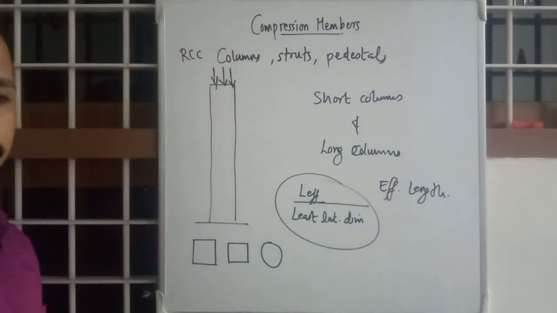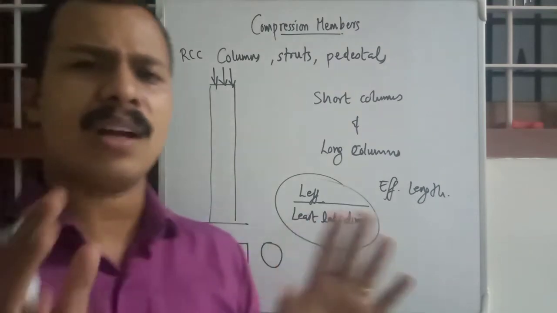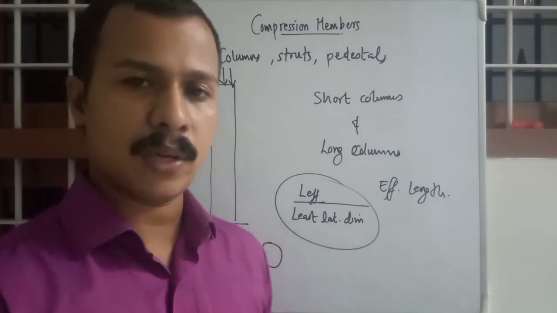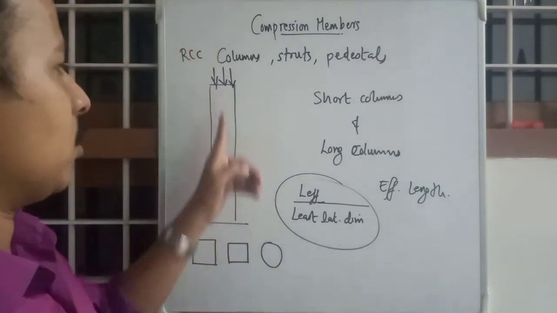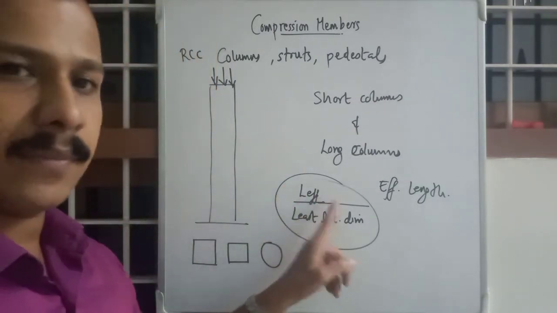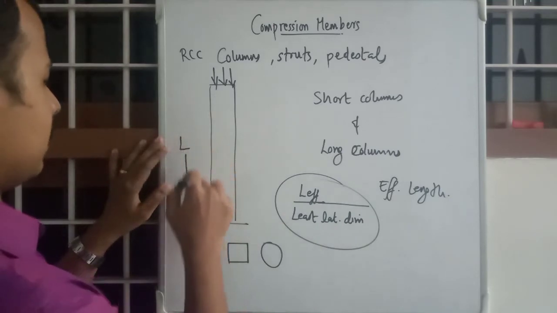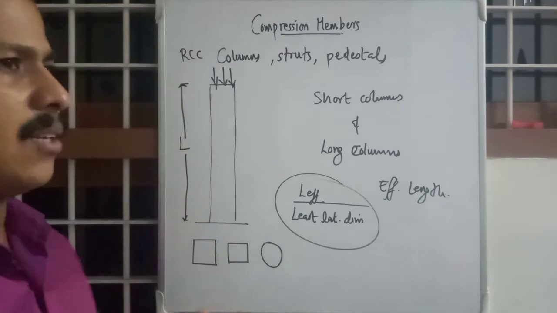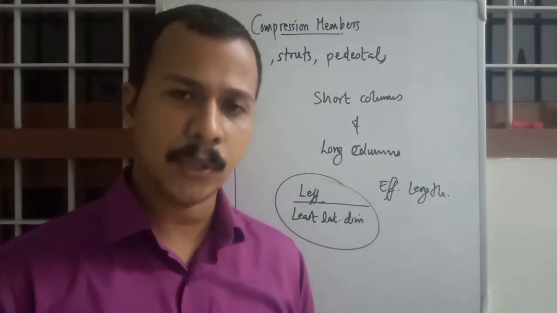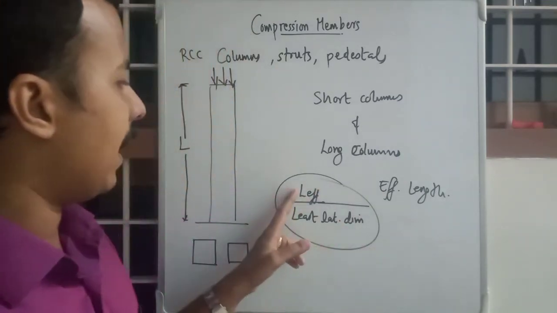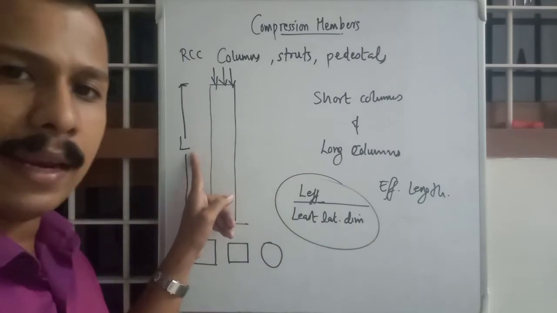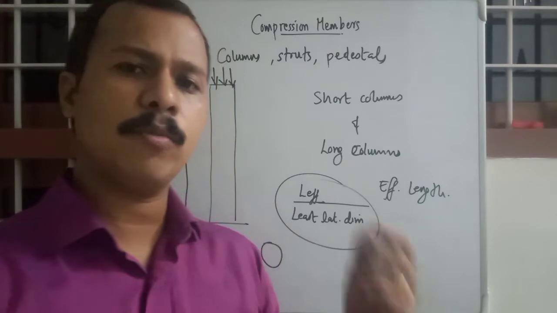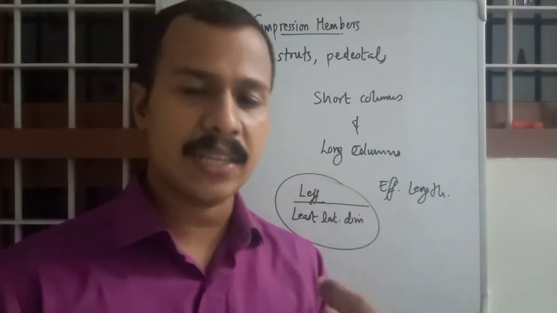Effective length of column. If there are no constraints and nothing is given as extra information, you can just take the length of the column as L effective. If only the length is given and no other information, we can assume L effective is equal to L. In the majority of cases, you will be given a particular condition.